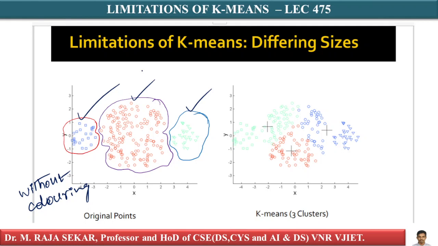Even without coloring, a 5-year-old kid can label these clusters. But what happens when you give this raw data to the k-means algorithm?